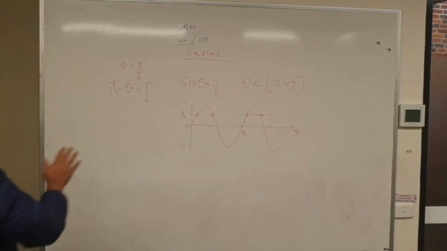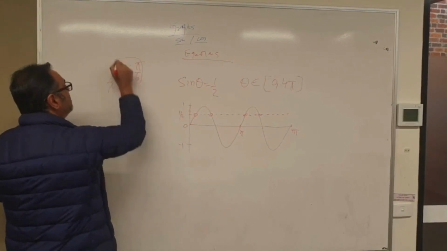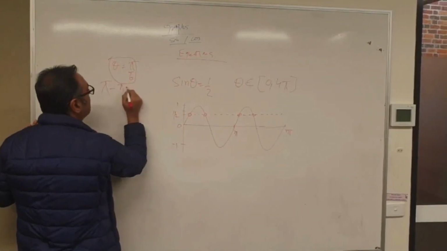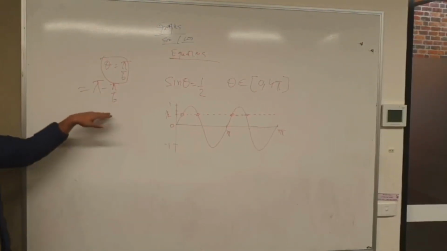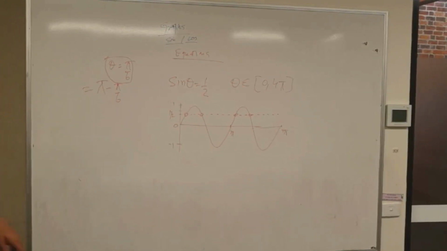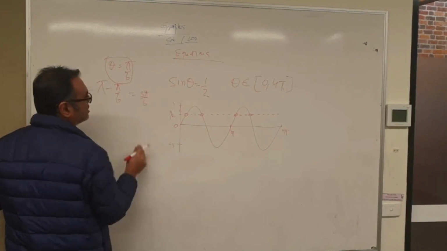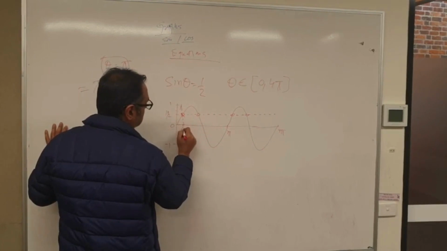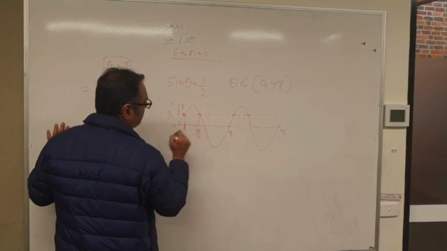I have worked out the theta already. So pi minus theta will give me the second quadrant, which is 5 pi over 6. So this value is pi over 6, and this value is 5 pi over 6.